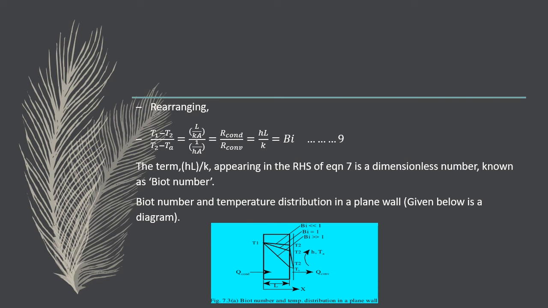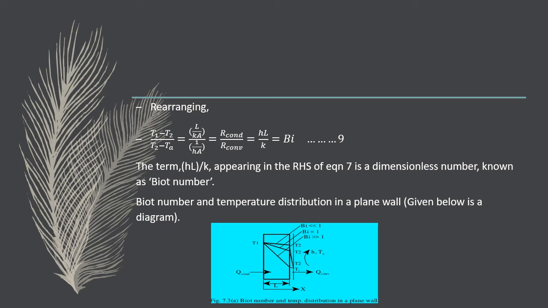Rewriting the equation, we get (T1 minus T2) by (T2 minus Ta) is equal to (L by k) divided by (1 by h), which is equal to R conduction over R convection, which is equal to hL by k, known as the Biot number.